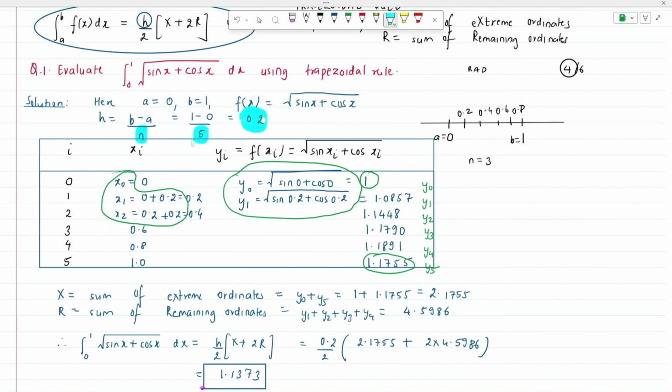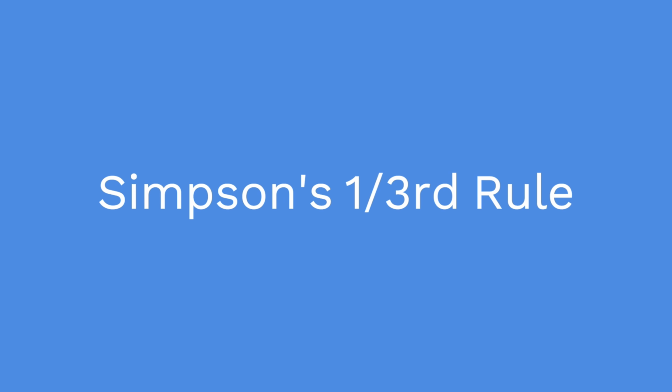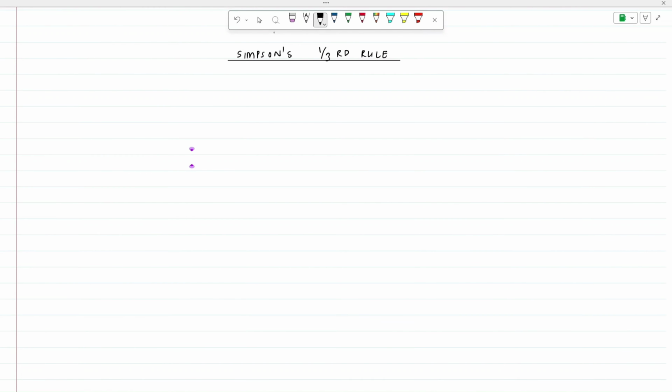The next one is Simpson's 1/3 rule. The formula in Simpson's 1/3 rule goes like this. The integral of f of x from a to b is given as h by 3 times X plus 2E plus 4O.